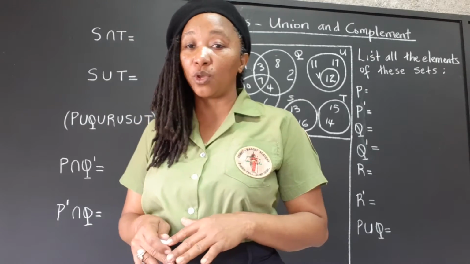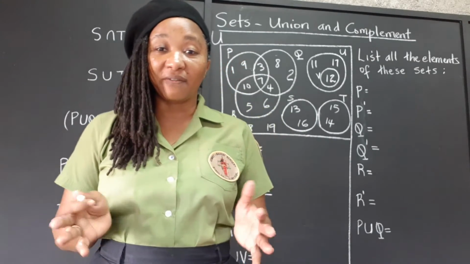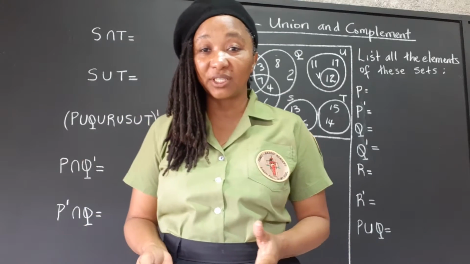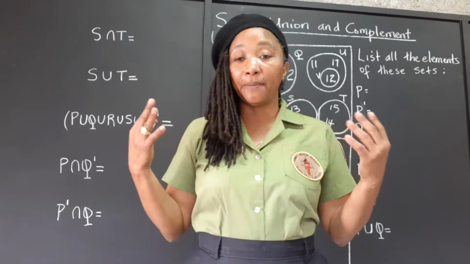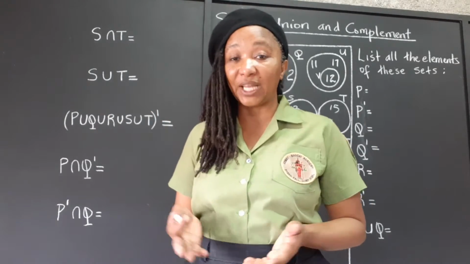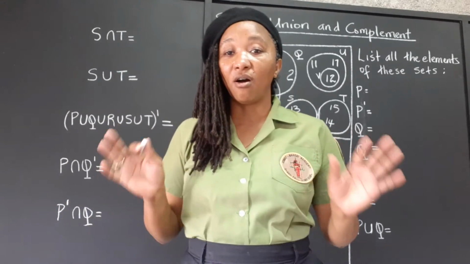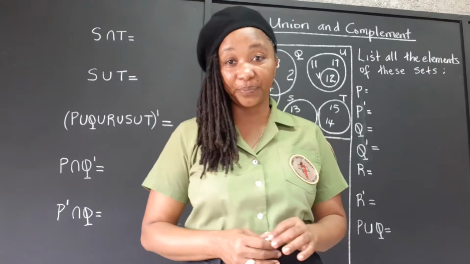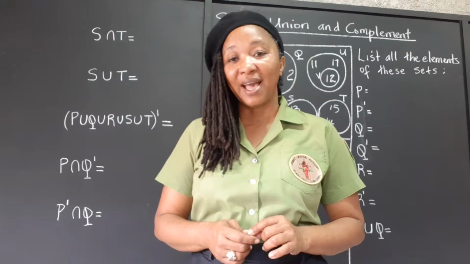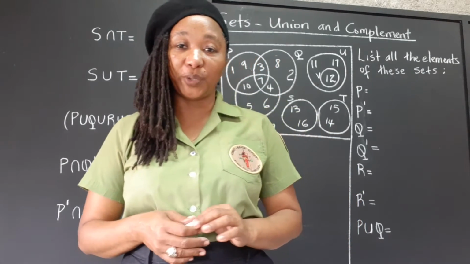So whether you want just focusing on the Venn diagram or intersection, or as we're doing now, complements and union, or you want to look at the number of elements in the set, all of that we have covered. Just check the playlist and we have it all for you.